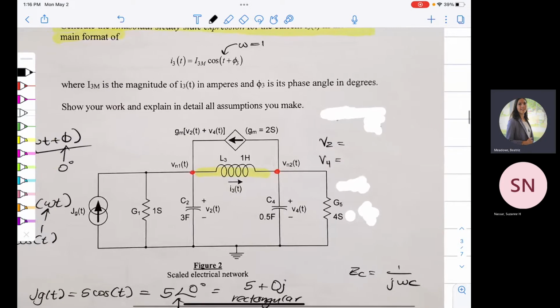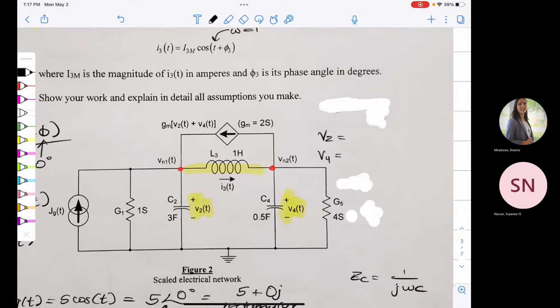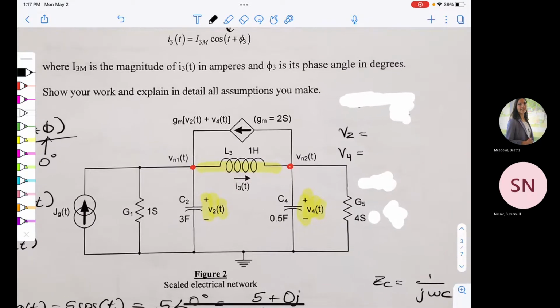How can we put this in terms of node voltages, the things we're trying to find? Suzanne highlighted it for you. What is V2? It's the voltage across C2, right? And what is that voltage? What does it say at the top?